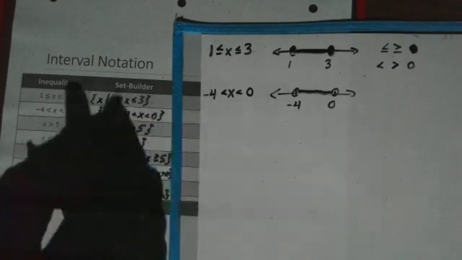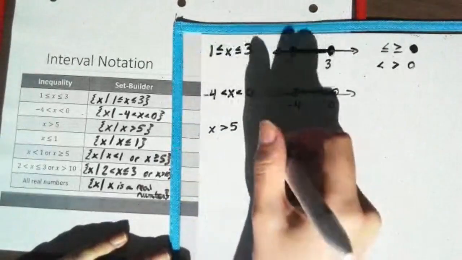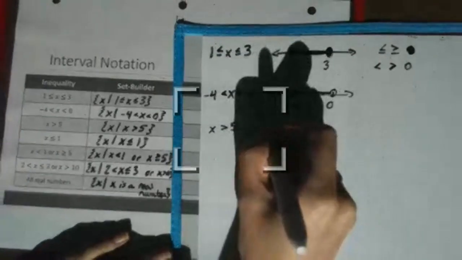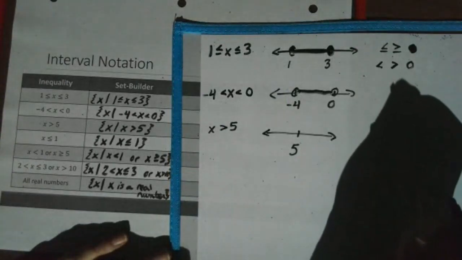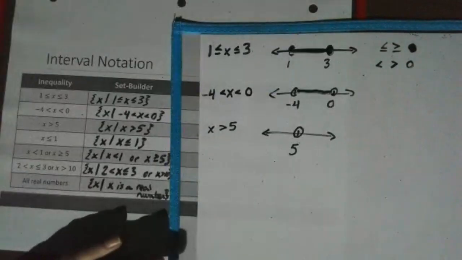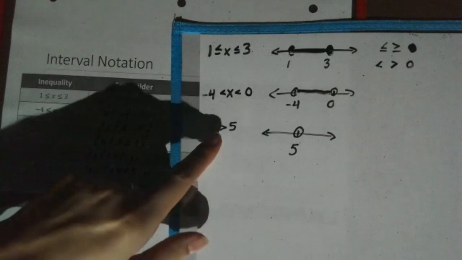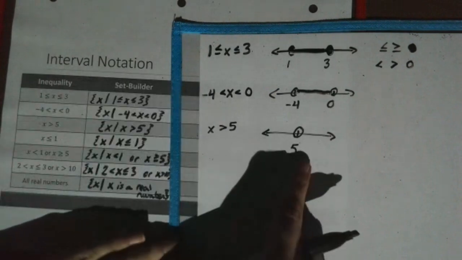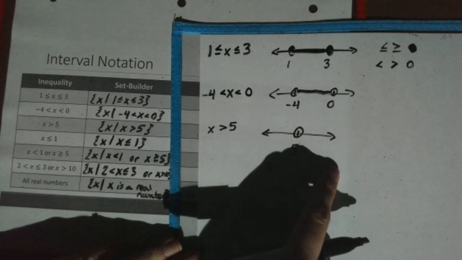Next up, we have x is greater than 5. On my number line, it looks like I only have one important number, and that's 5. Since I don't have equal to, 5 needs an open circle. But all of my x's that satisfy this are greater than 5. Numbers greater than 5 are to the right, like 6, 7, 28.3.